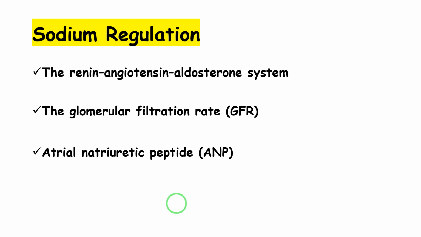The other important factor is the glomerular filtration rate. The rate of sodium excretion is usually related to the GFR. When the GFR decreases, less sodium will be filtered and less will be excreted, and vice versa.